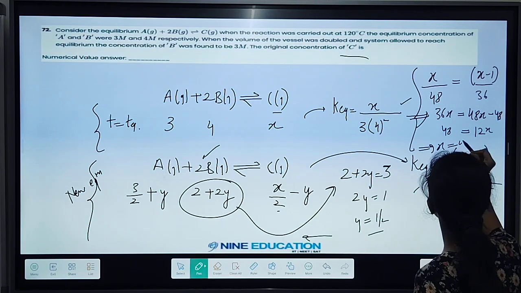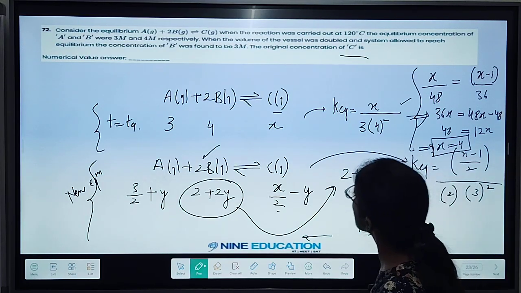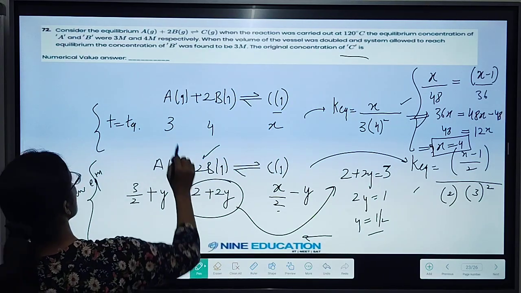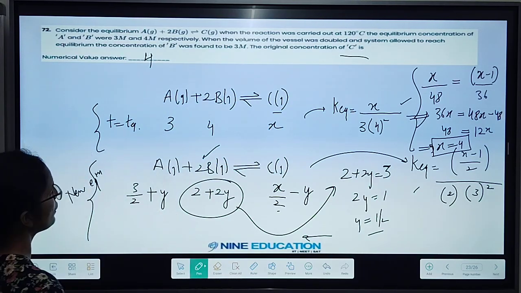So from here we get 4. So the original concentration of C should be coming 4 only, right?